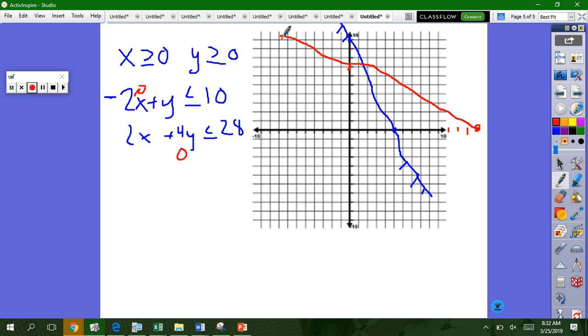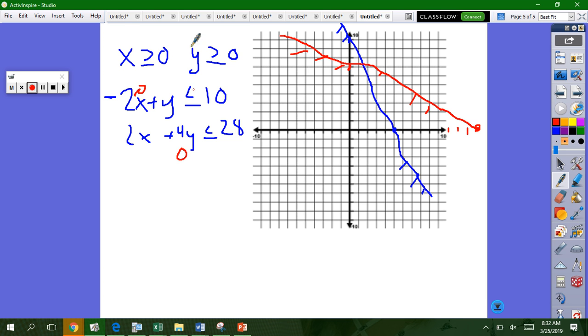That's a true statement, correct? Yes? So therefore, we're shading below. Once again, my graph's not very pretty, but I think you get the idea of what's happening, correct? Alex, you good? Thank you, Alex.